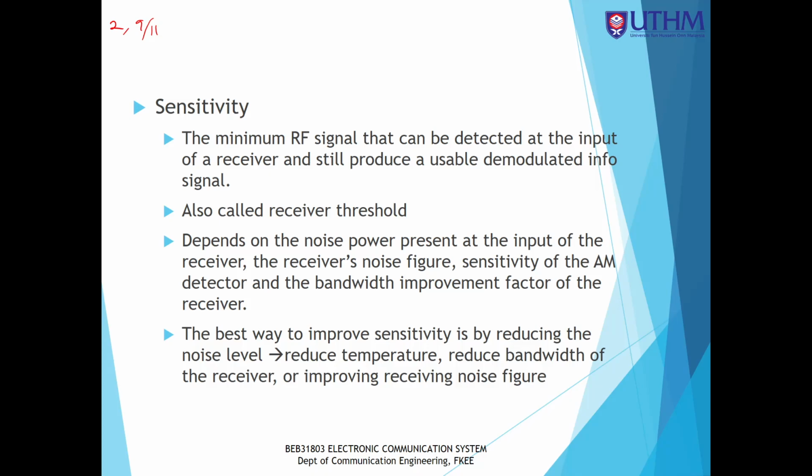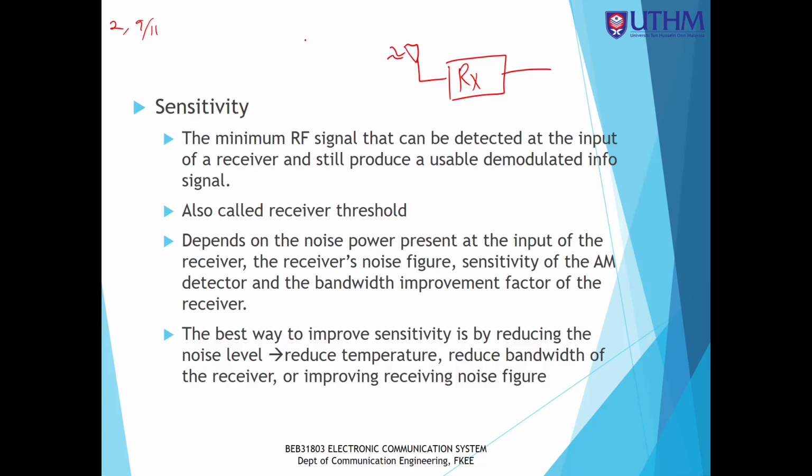And then sensitivity. This is the second parameter. Again, sensitivity is also referring to the tuned circuit in this example. Sensitivity is the ability of the receiver to detect the minimum RF signal. Why?